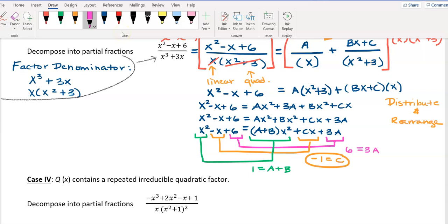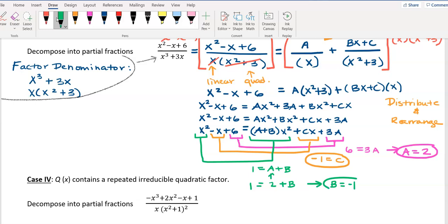I just need to divide both sides by 3. So this is telling me that a is equal to 2. Now that I know that a is equal to 2, I can plug that into this equation over here to help me solve for b. 2 plus something equals 0, so this is telling me that my b value is equal to negative 2.